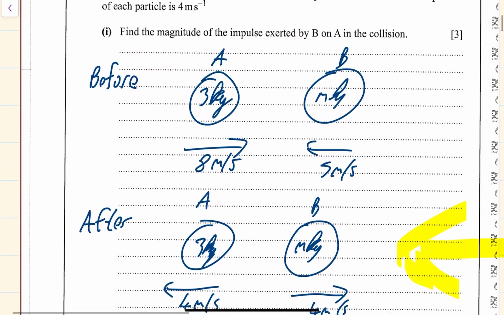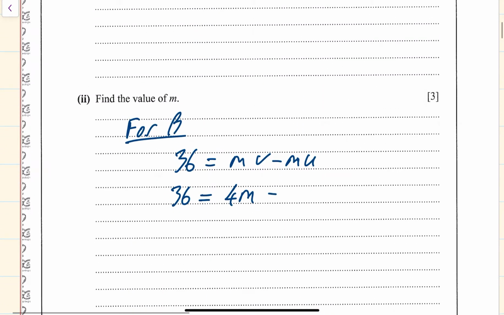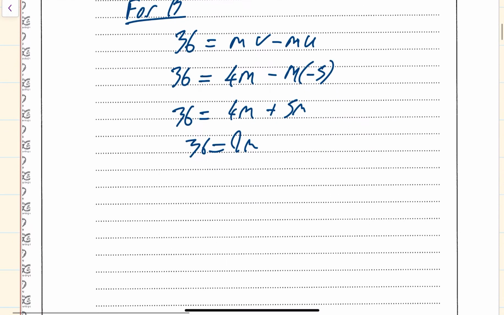And the initial velocity was 5 in the other direction, so minus 5 in the other direction. So I'll say that's m times minus 5. So let's just tidy up as 36 is equal to 4m plus 5m. 36 is equal to 9m. m works out to be 36 divided by 9. m works out to be 4 kilograms.